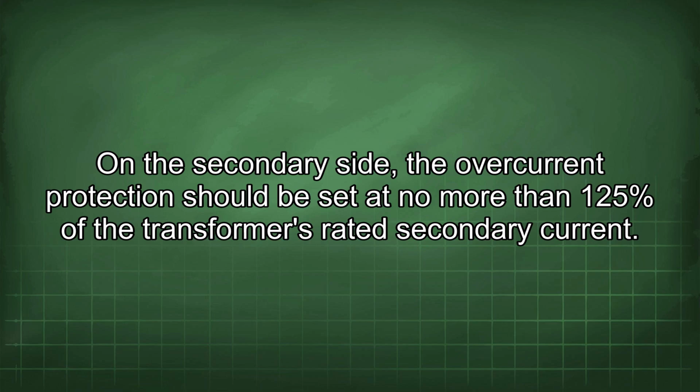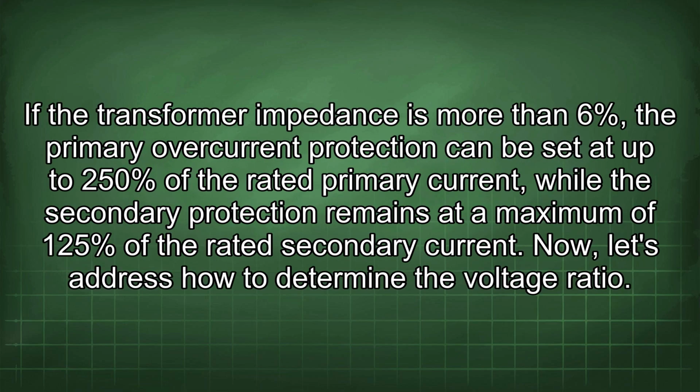On the secondary side, the overcurrent protection should be set at no more than 125% of the transformer's rated secondary current. If the transformer impedance is more than 6%, the primary overcurrent protection can be set at up to 250% of the rated primary current, while the secondary protection remains at a maximum of 125% of the rated secondary current.